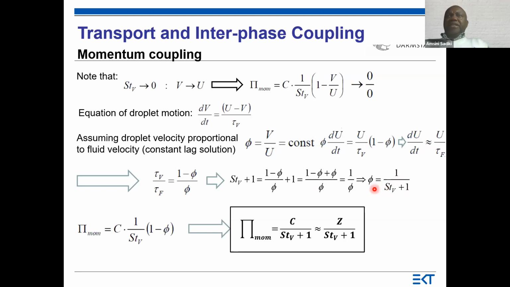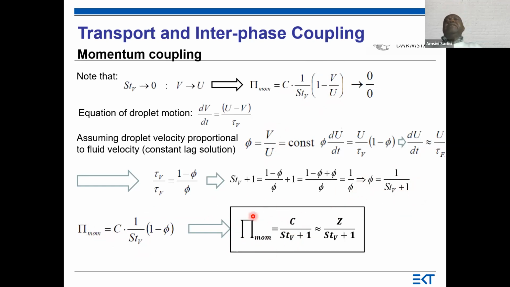Then we can say that this momentum coupling parameter, which is here, where we replace this ratio by phi, as we had here, we now have the expression of phi as a function of the Stokes number, and we can write this in this form where we replace phi by its quantity here.